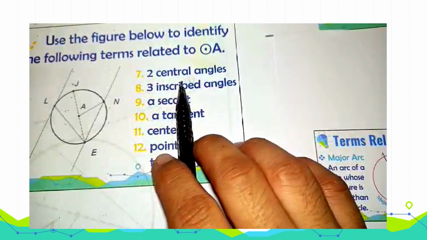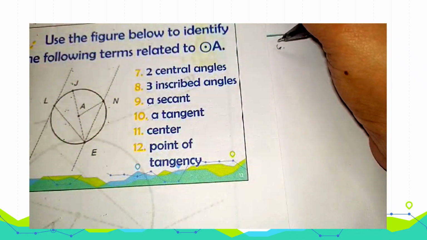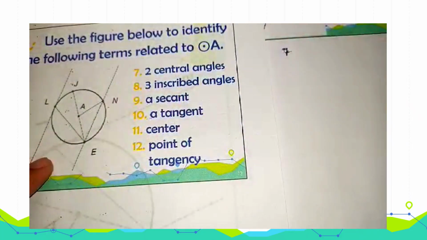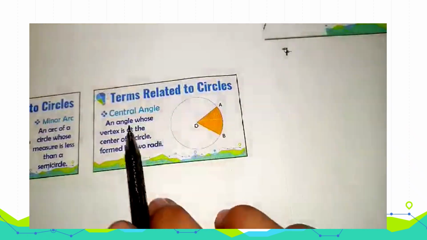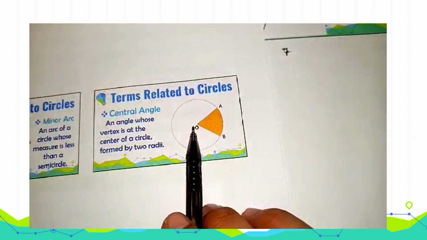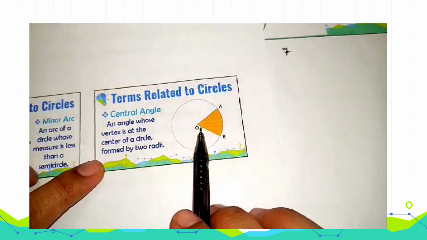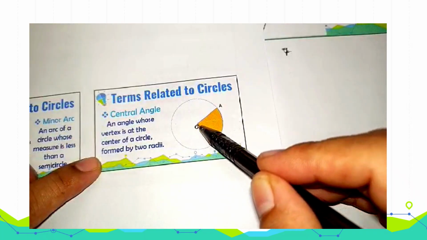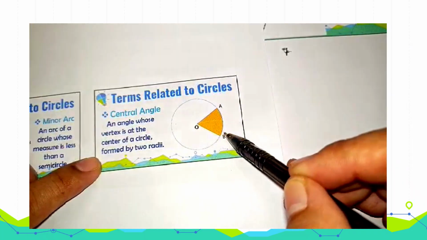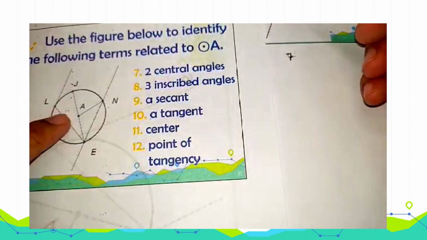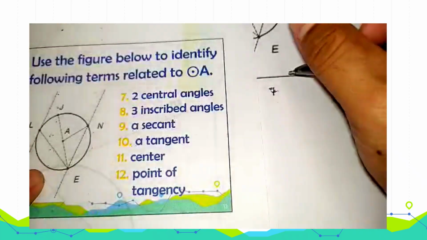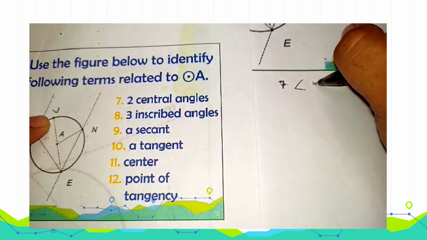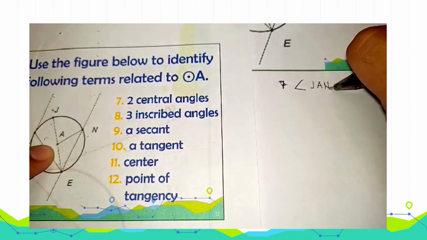Next is the central angles, number 7. Name 2 central angles on the figure. Central angles are angles whose vertex is at the center and formed by 2 radii. The legs of the angle will be the 2 radii. One radius here and one radius here. So for this figure, we will name it as, this is the symbol for the angle, angle JAN.